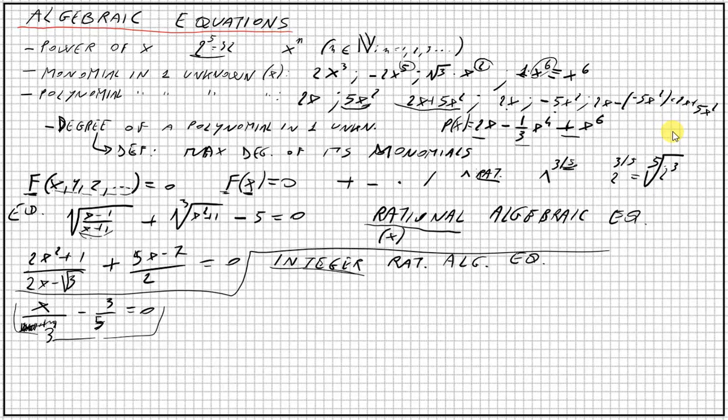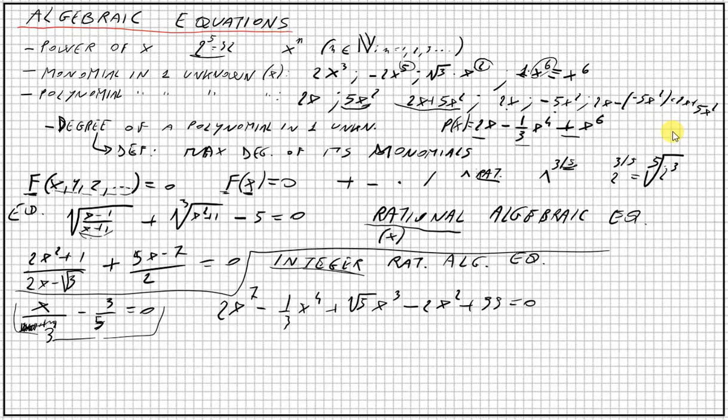Let's make one that is a bit more complicated. So this one, for example: 2x to the power 7 minus 1/3 x to the power 4 plus square root of 5 x to the power 3 minus 2x squared plus 99 equals 0. Is this an integer rational algebraic equation?